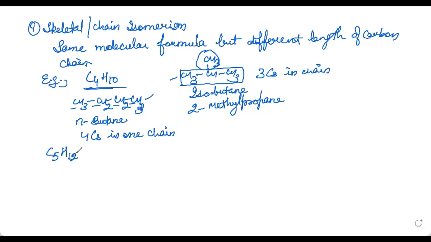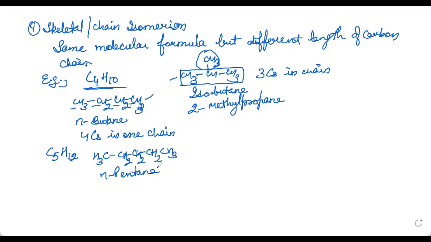C5H12. Now it is a 5-carbon compound. Let us take all the carbons in one chain. So all the 5 carbons in one chain. Now let us complete the valencies. CH3, CH2, CH2, CH2, CH3. Now it is n-pentane.